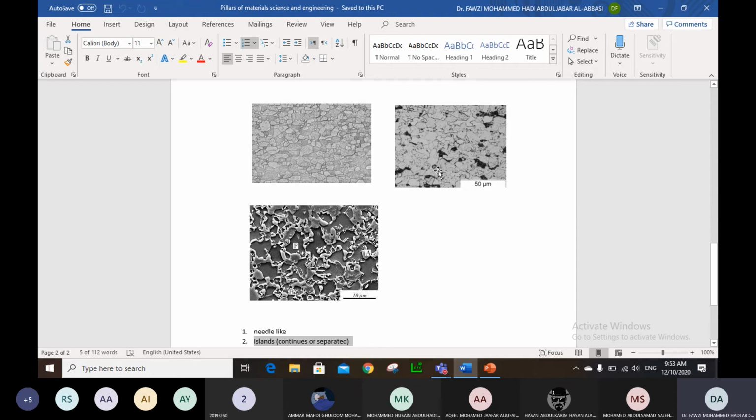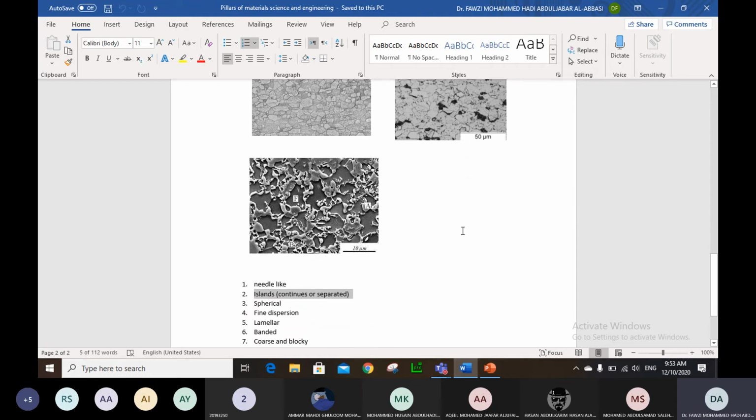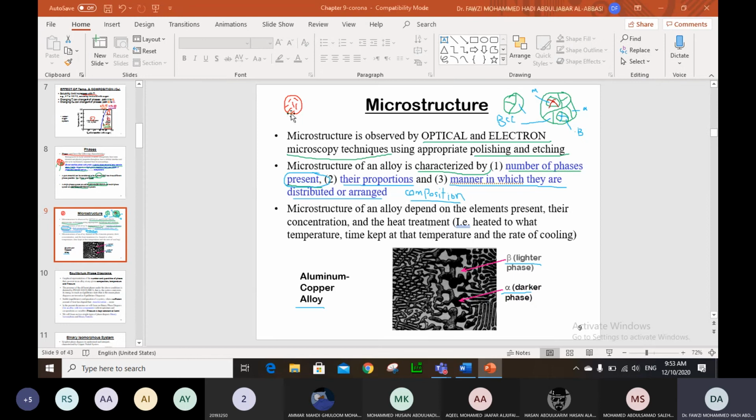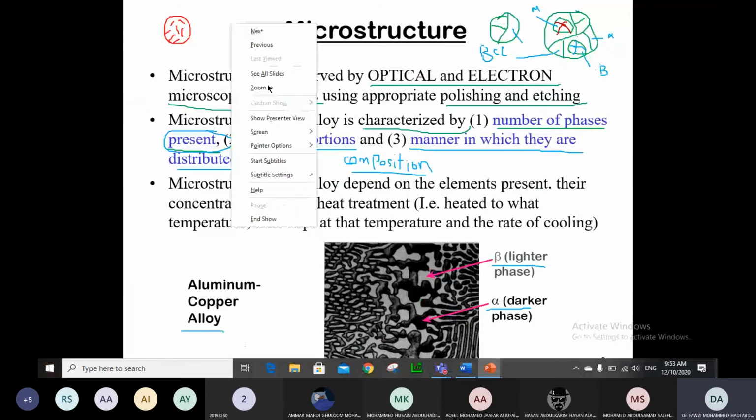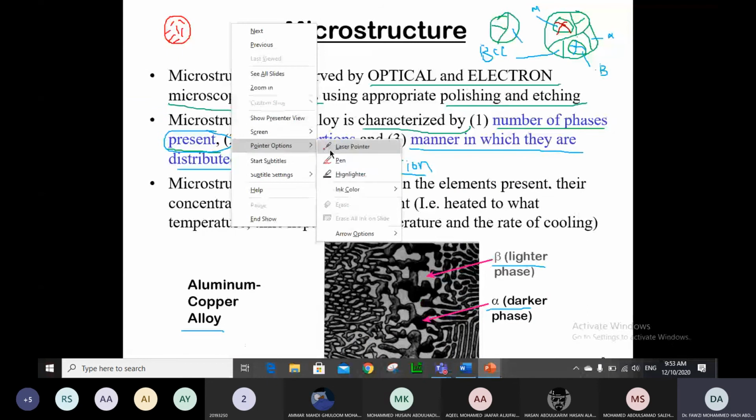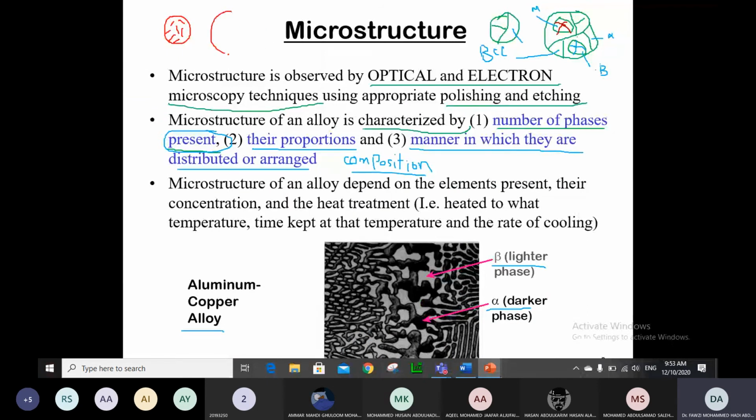These are the separated islands, but you could also have non-separated islands. You could be having continuous islands. You could be having islands like this, and you could see them close to each other.